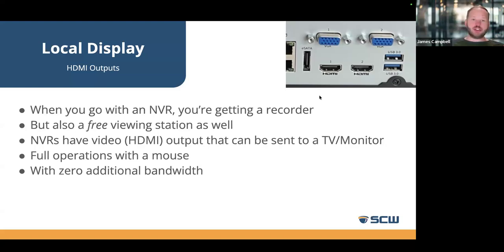These outputs can be sent to a dedicated TV or monitor. And from there, you have full operations with a mouse. You can do playback, you can change settings, etc. All there using zero additional bandwidth. So when you're streaming from that local, there's no additional bandwidth being used within the system, right?